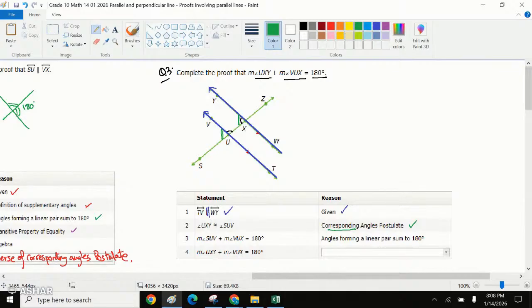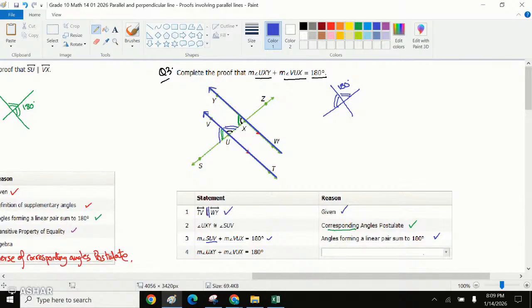The other one is SUV, this angle, and VUX, where VU and X. Whenever we have angles formed at one point on a straight line, their sum is always 180 degrees, right?